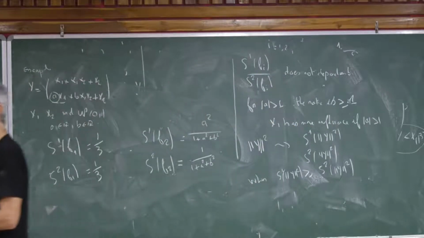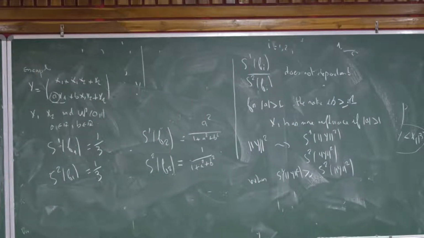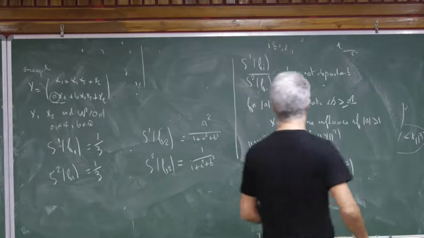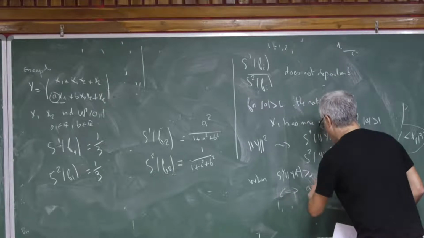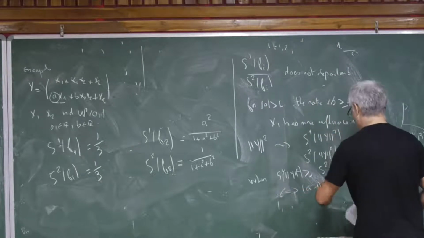You look at when S1 of the norm is larger than S2 of the norm. If you do that, what you will find is equivalent to A minus 1.